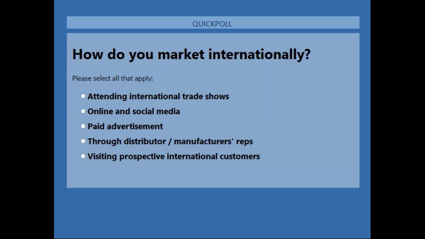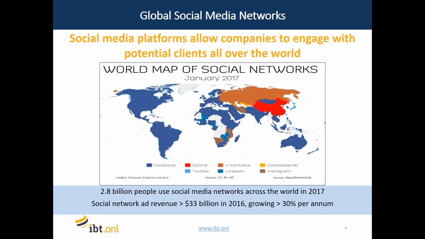That's great. Okay, great. I want to also next to share this map with you. There's a guy called Vincenzo Cosenza who does these maps on an annualized basis, and they're always an amazing thing to look at as they shift over time. This one comes from January 2017 and shows you the dominant social network in each country.